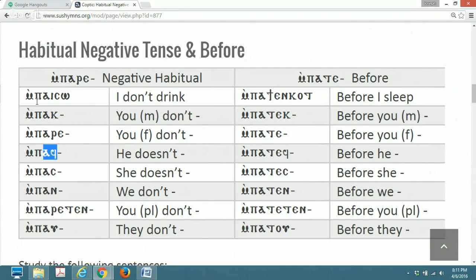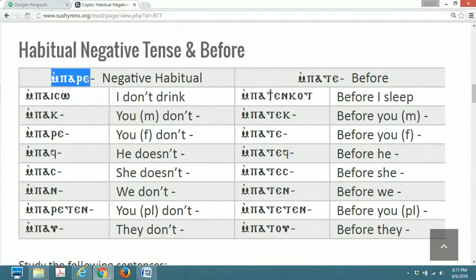So empai su means to drink. Empak su, you don't drink, habitually. Empare, empaf, empas, empan, emparaten, empav. And again, these are the pre-pronominal or the pre-pronoun forms, but the full form, or the pre-nominal form of the tense, where pre-nominal means the noun, the name.